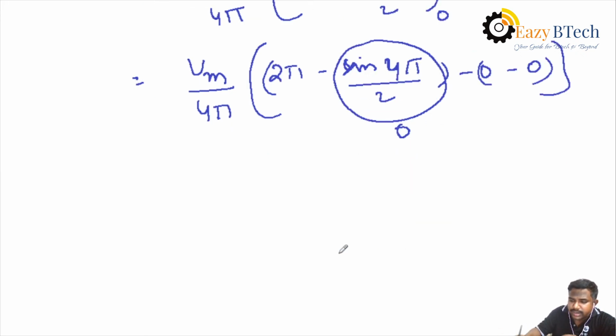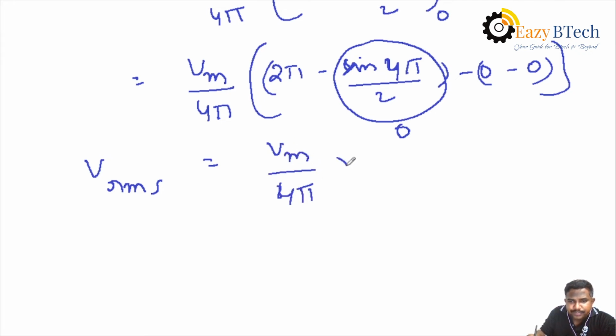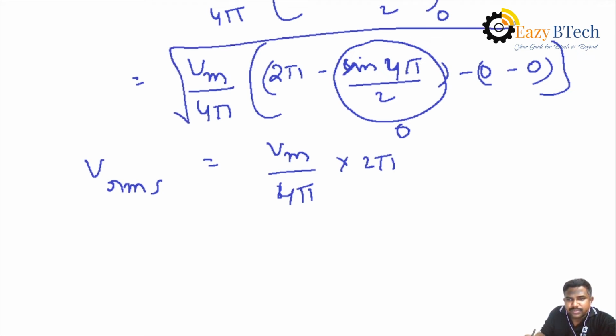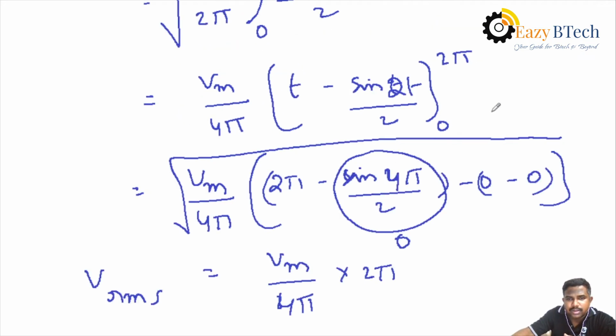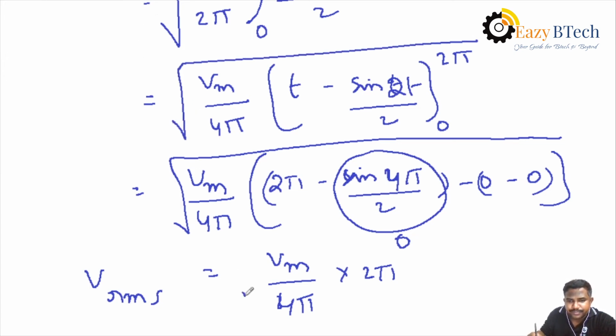Then this value, sine 4 pi, is also 0. Hence the remaining value is, therefore, the VRMS value of the periodic waveform is Vm by 4 pi into 2 pi, that is whole square. Total equation is whole square, that is Vm square.